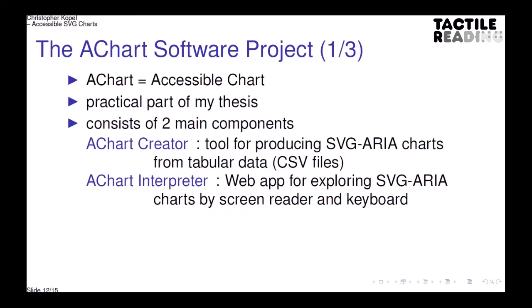And then it extracts the semantics and the data from the chart and displays them as a textual structure. And this text structure can be navigated by a keyboard and read out by any screen reader, or by a built-in speech which is provided by the browser.